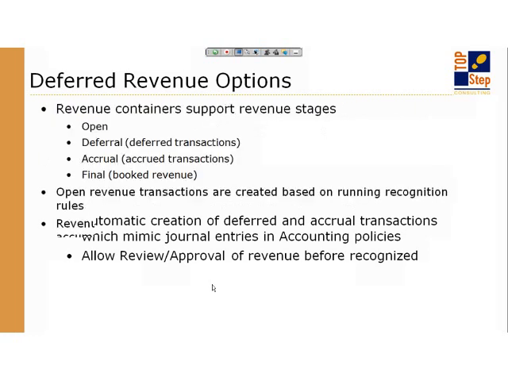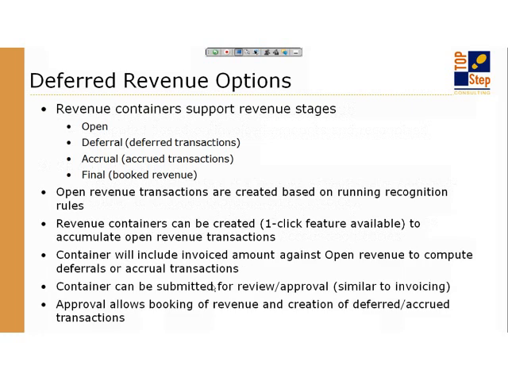When you have revenue containers turned on, you actually have to define revenue stages, and these are the holders of all these transactions. When the revenue is completely recognized, it actually is booked as final revenue or final booked revenue, so it's recognized revenue. So what you do is actually you run revenue recognition. In order to run revenue recognition, you do have to use the auto run feature.